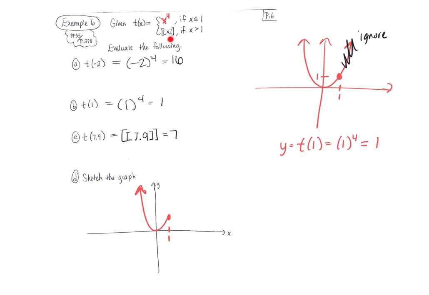Then we want the greatest integer of x when x is greater than 1. So that means when x is greater than 1, we want the greatest integer less than or equal to that value. Well, between 1 and 2, we can use blue for that if you want.